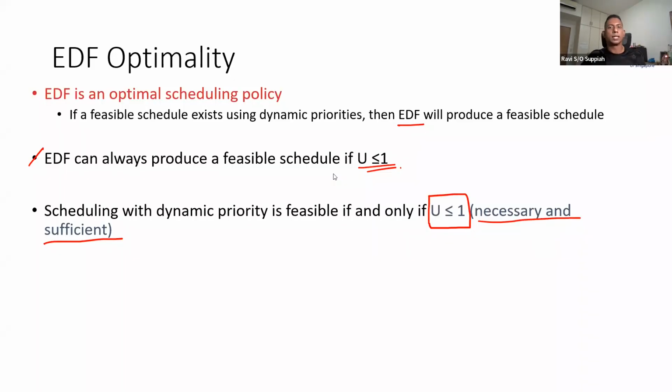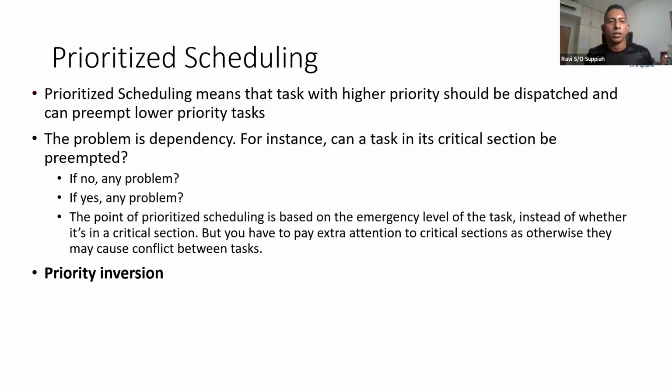Welcome back. Let's continue from where we left off. Coming back to our scheduling, when we talk about prioritized scheduling, we understand that higher priority tasks will always take over the CPU and be able to run.